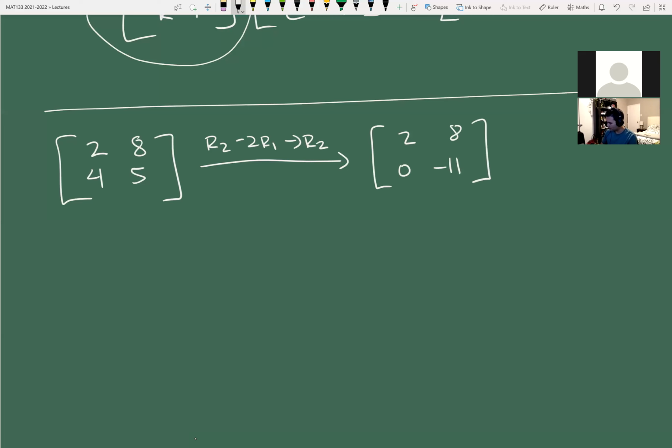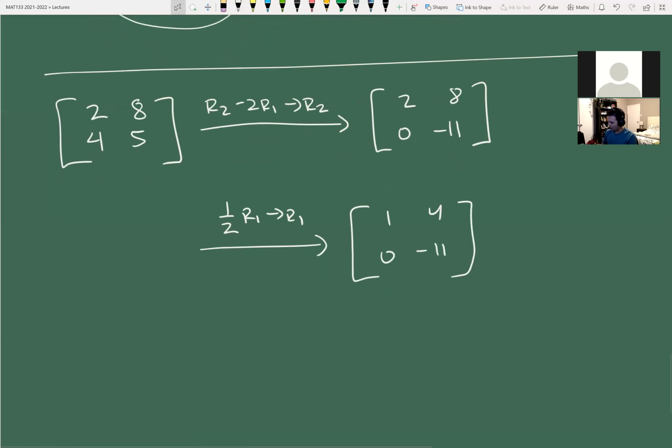And then I am going to do 1/2 row 1 into row 1. So that would give me 1, 4, 0, negative 11. And let's just stop at REF. So negative 1/11 R2 into row 2 gives 1, 4, 0, 1.